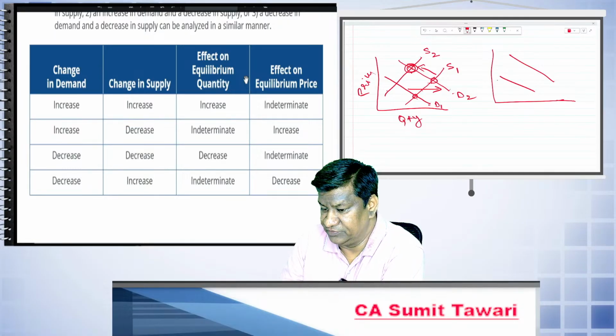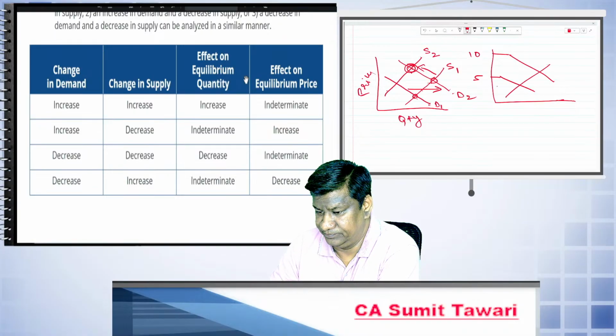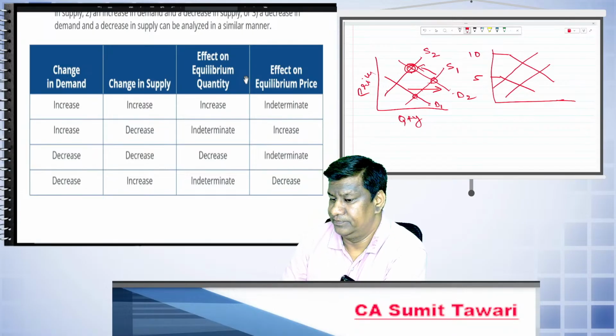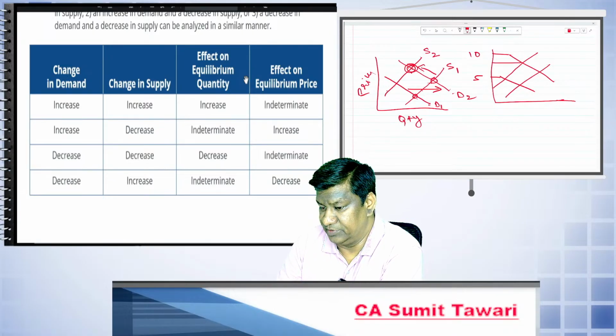So here, if you see, the price is 5, price is 10.